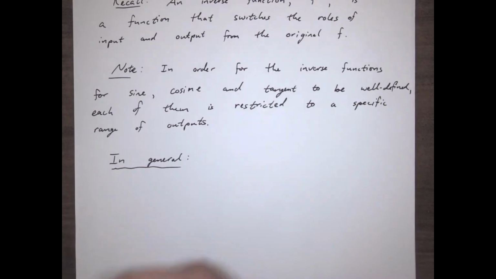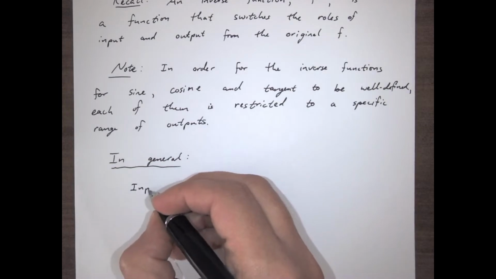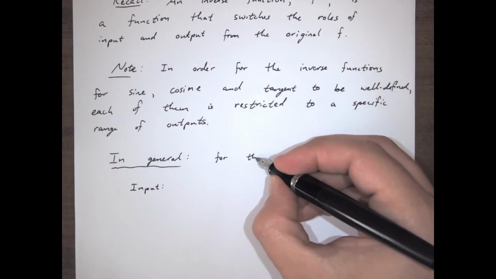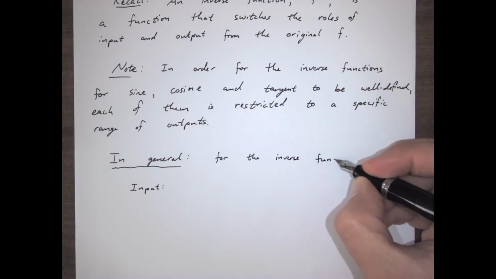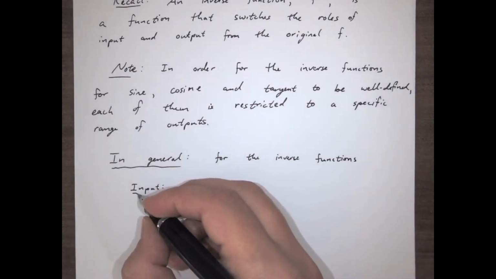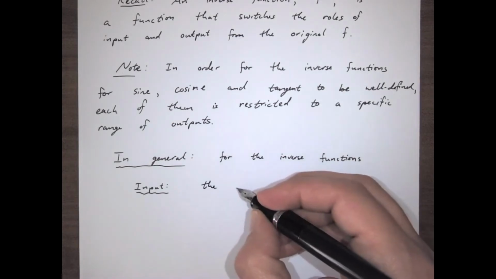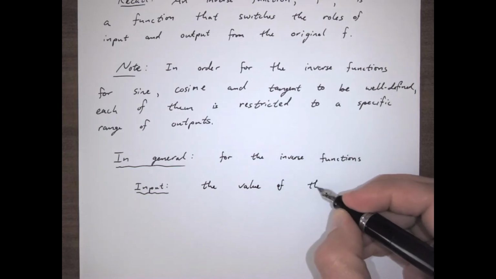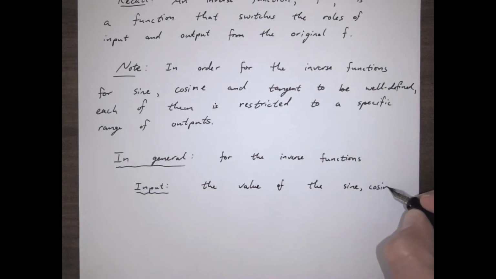So in general here, these are for the inverse functions. The input will be what used to be the output. So in other words, the sine, the cosine, or the tangent. So the value of the sine, cosine, or tangent.